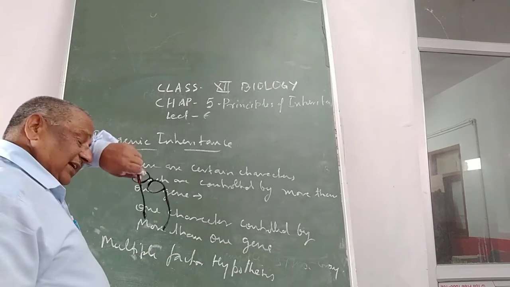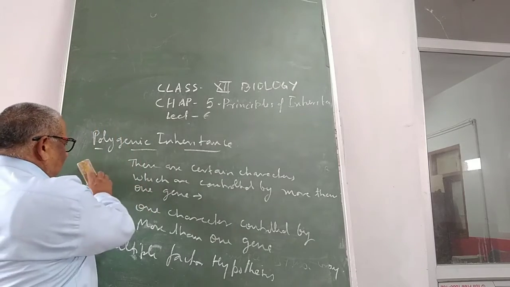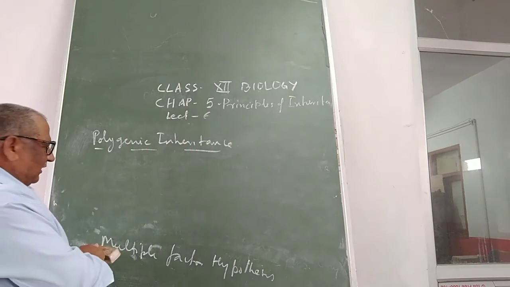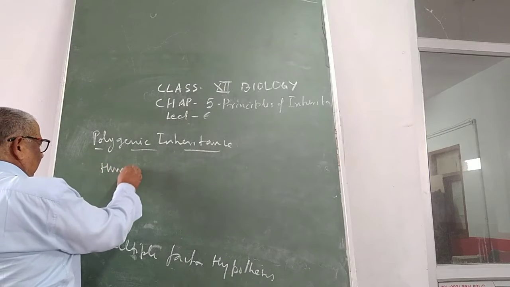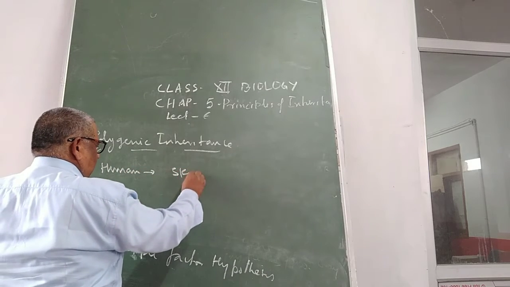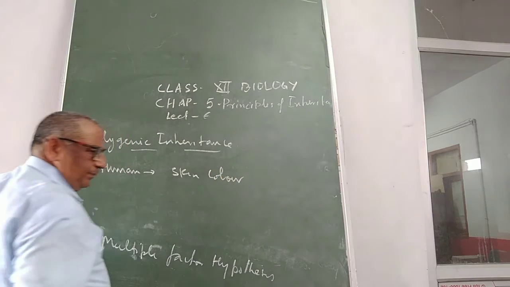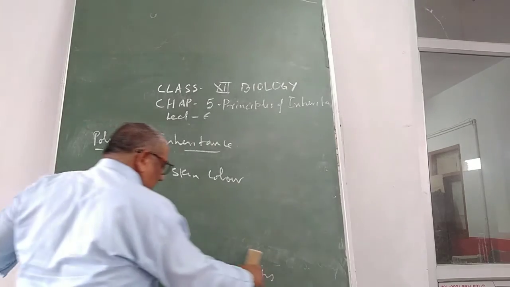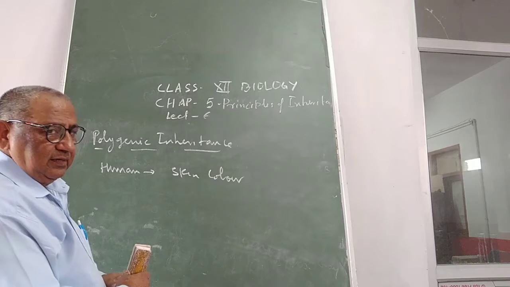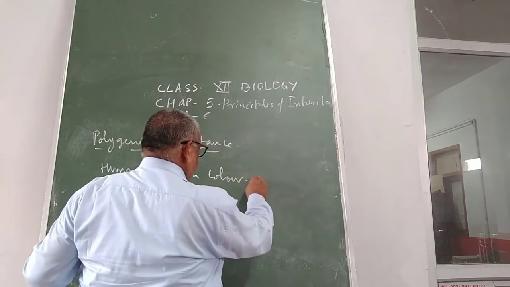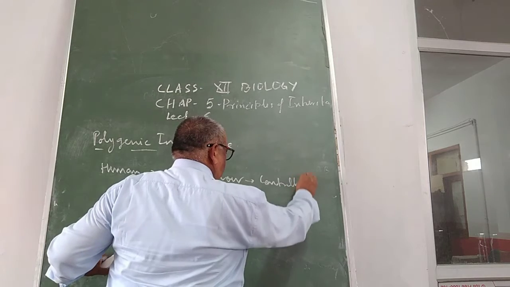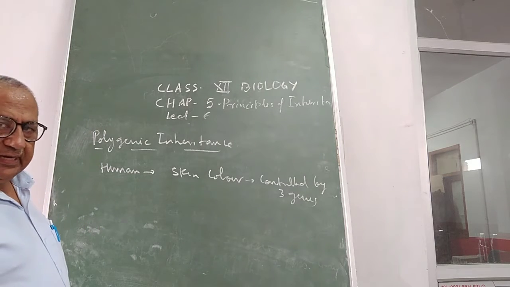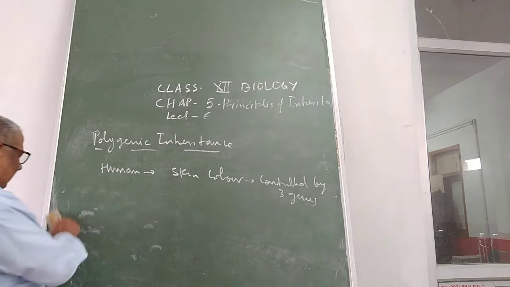The best example in this case we find in both plants and animals. In case of animals or in case of human, we find the skin color. We see variable colors in skin, and these variable colors are controlled by not only one gene, but by three genes. It means three genes are dominating, they are producing different types of colors.